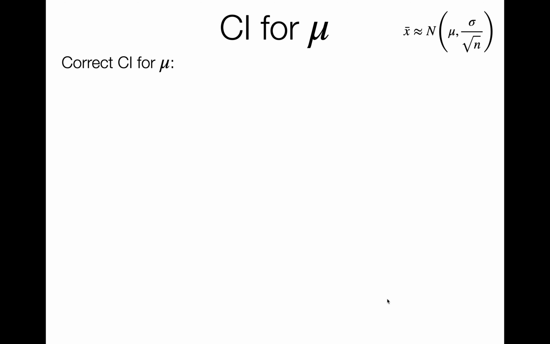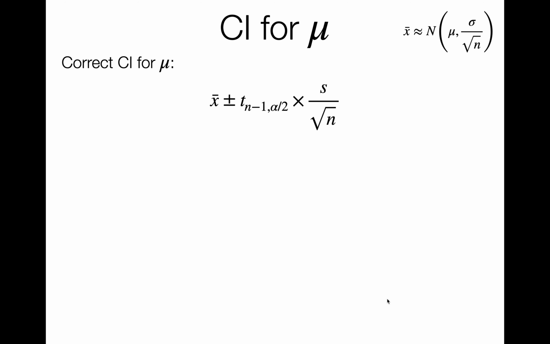Okay, so now with our newfound information, the correct confidence interval for mu is this, okay? X bar plus or minus t, right? And the degrees of freedom that we're going to use here in the problem is n minus 1.